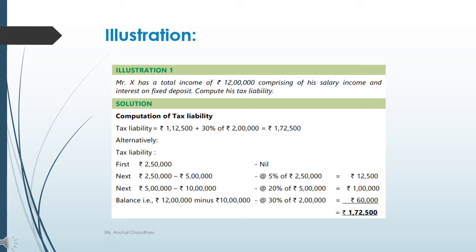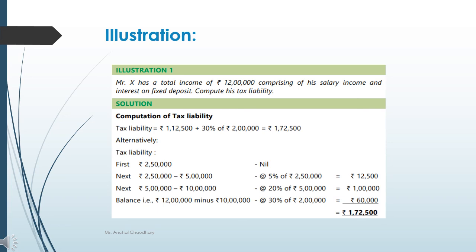Then in the next 5 lakh up to 10 lakh, what will be the tax rate? That is 20%. So between 5 lakh and 10 lakh, how much is the amount? That is your 5 lakh. Then on that, the tax liability will be 1 lakh. Then you have done the computation up to 10 lakh.